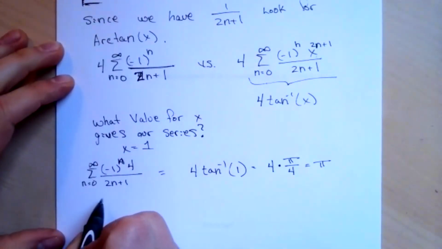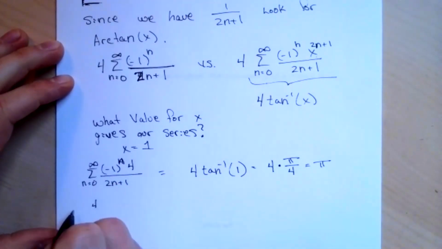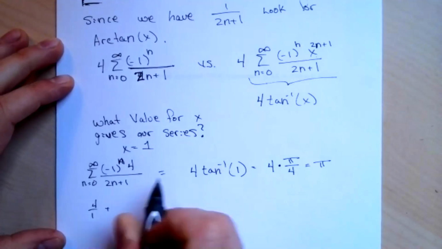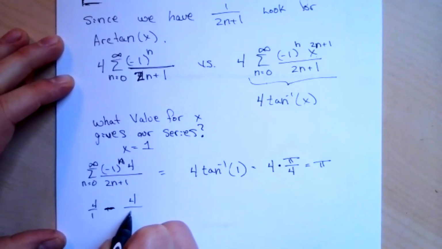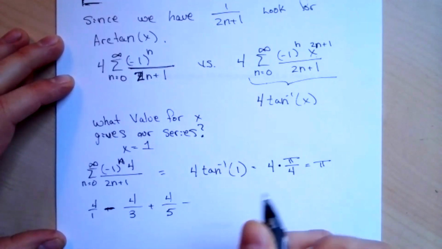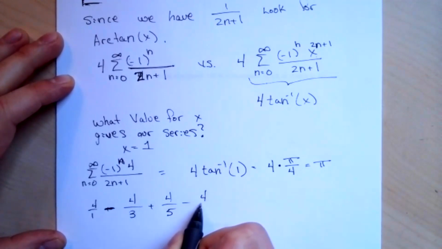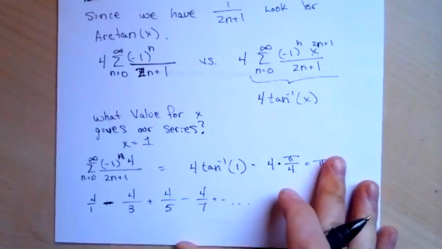So this is just 4 over 1 minus 4 over 3 plus 4 over 5 minus 4 over 7, and it's going to keep going.